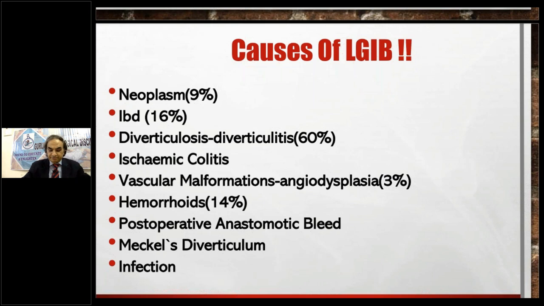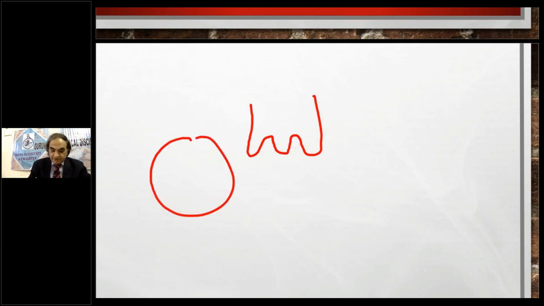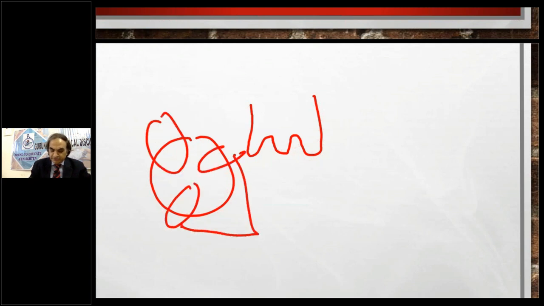Now, I was talking to you about hemorrhoids. This is how we look at the section. But if you draw a cross section, 3 o'clock, 7 o'clock, and 11 o'clock, these are called primary hemorrhoids because they occur at these positions.